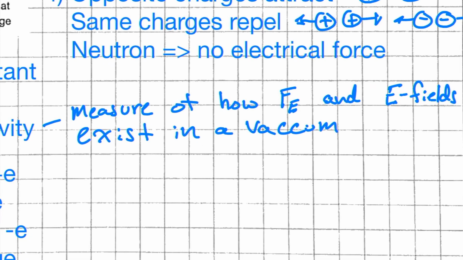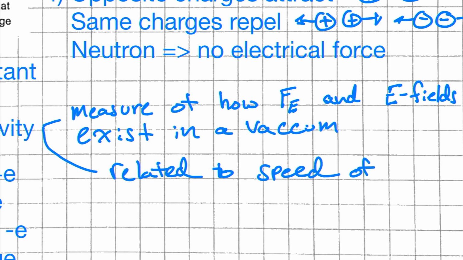The vacuum permittivity is also related to the speed of light.